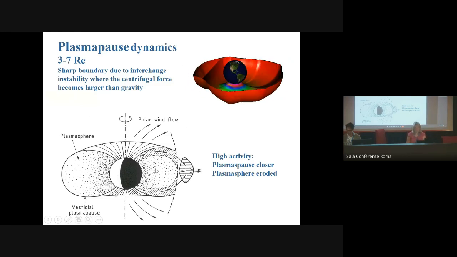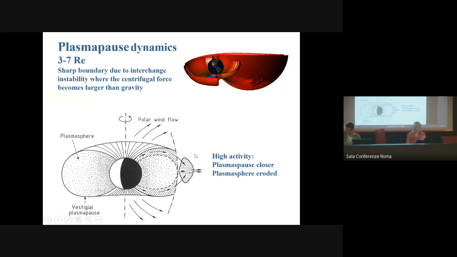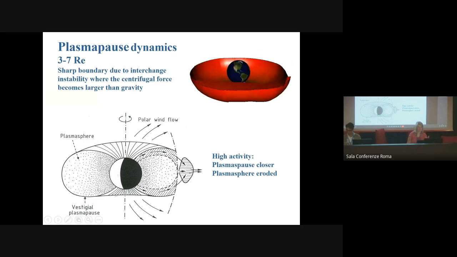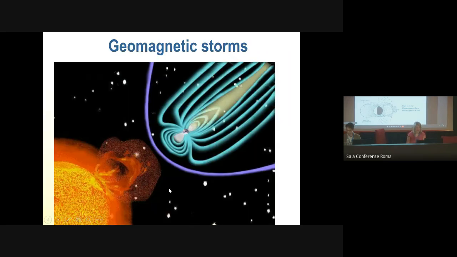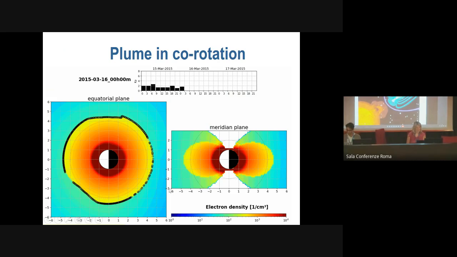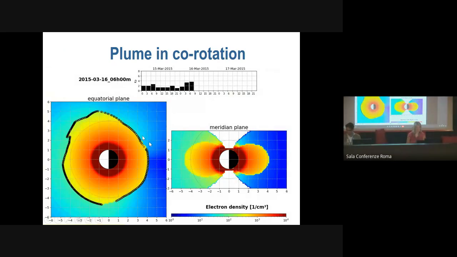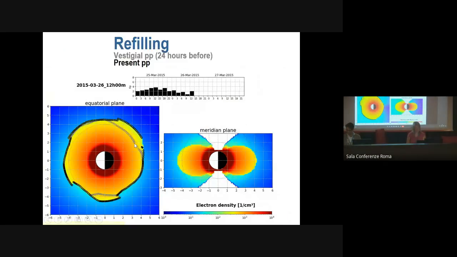Then, when you have an increase of the activity, the plasmasphere is eroded and the plasmapause comes closer to the Earth. That's what I explained. So you have here, for instance, the plasmapause coming closer to the Earth. Thus, when the activity decreases, the convection electric field is less important, and the co-rotation is again more important. And thus, you have the plasmapause going further from the Earth, okay?